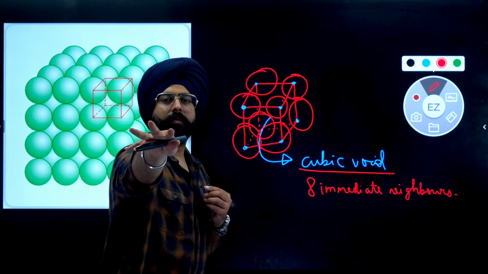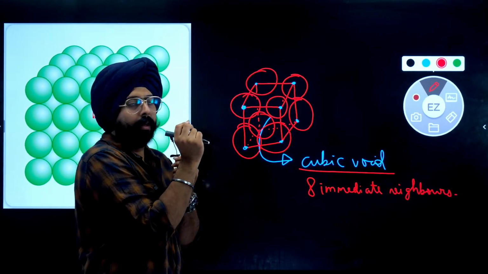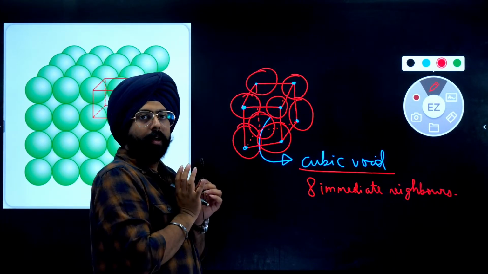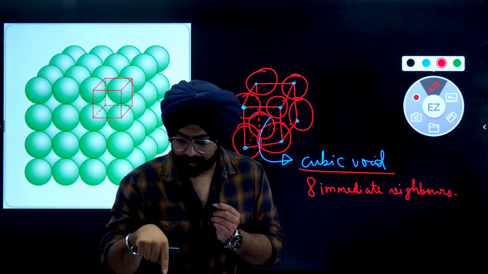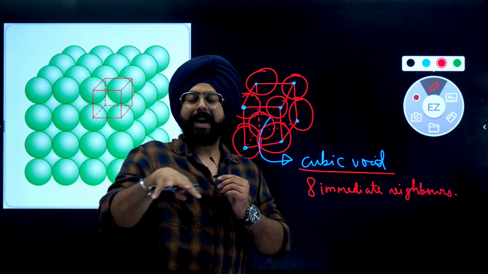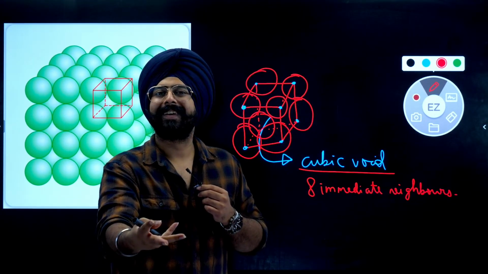If you were to sit into that void, if you became microscopic and you went and sat in that void, around you, you will see 8 atoms of the solid as your neighbors.